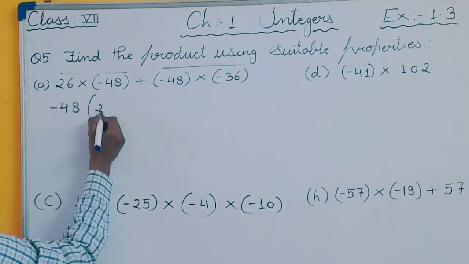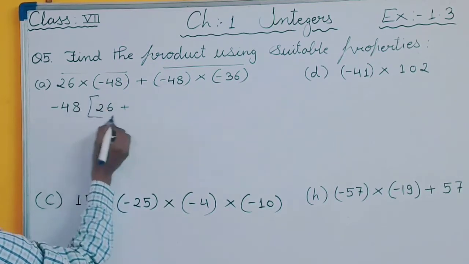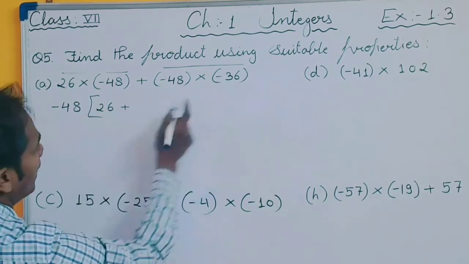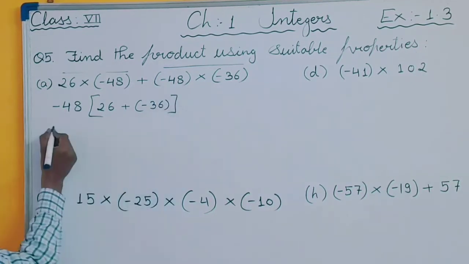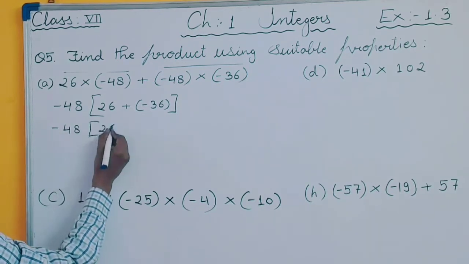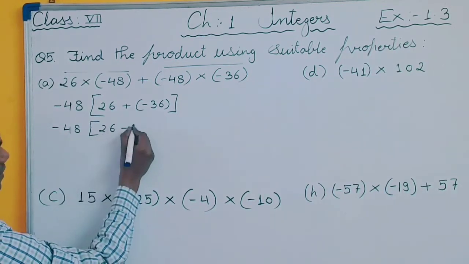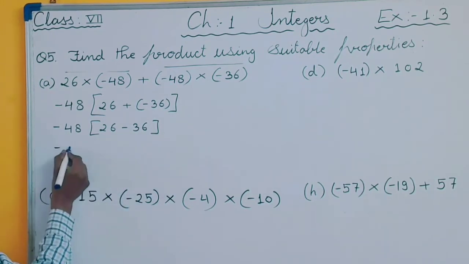This is 26, this plus and minus 36. This is remaining. I will open bracket. 26 plus minus minus 36. 26 minus 36 is minus 10.